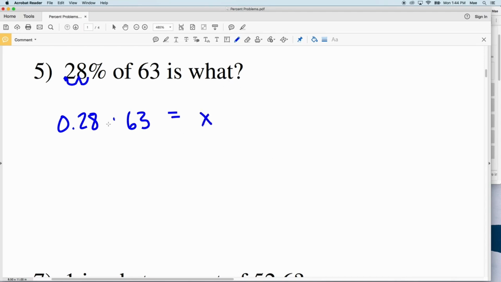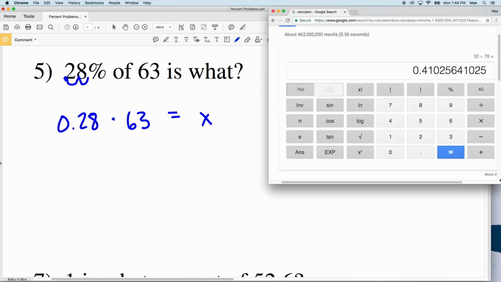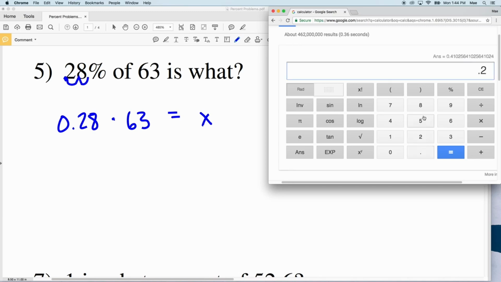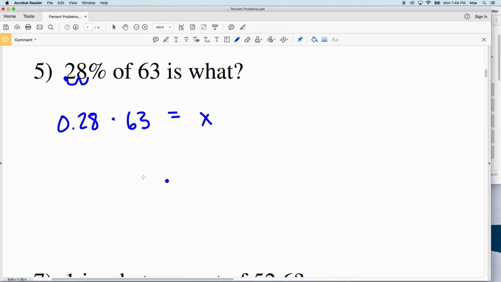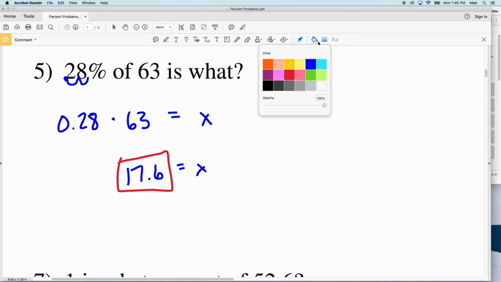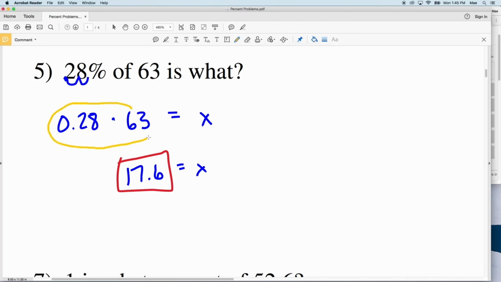So finding out what 28% of 63 is, we're just going to multiply 0.28 times 63 to get 17.64, which when we round will be 17.6. So if we were to set up a proportion, it would be 28 over 100 equals x over 63. So what we did here was we multiplied both sides by 63 without having to set up the proportion.